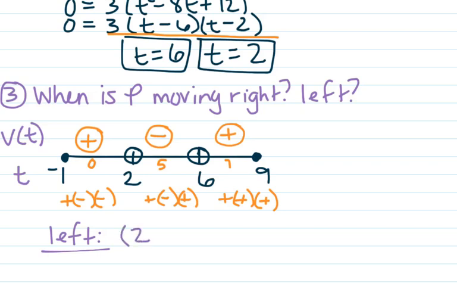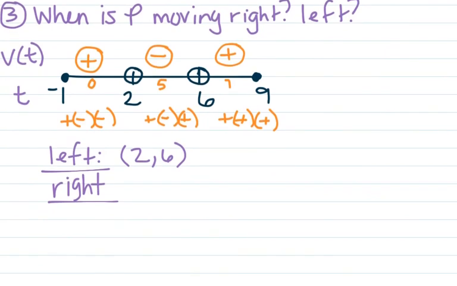So from 2 to 6, it's moving to the left, and it's moving to the right here. So this is including the -1 that was closed, but the 2 is not. So we'll say it's moving to the right from -1 to 2, and also from open interval 6 to closed interval 9. Easy peasy.